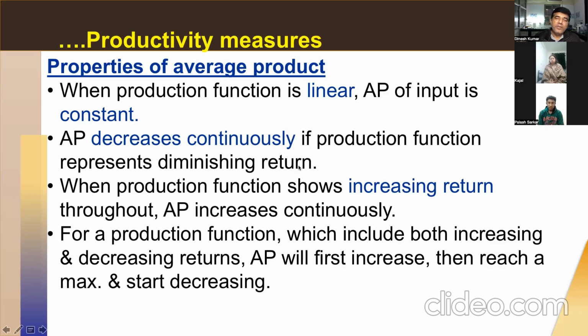I told you there are three phases: increasing return, decreasing return, and diminishing return, where diminishing means you get negative returns. When the production function shows increasing return, AP increases continuously throughout. For a production function which includes both increasing and decreasing return, AP will first increase, reach a maximum, and start decreasing.